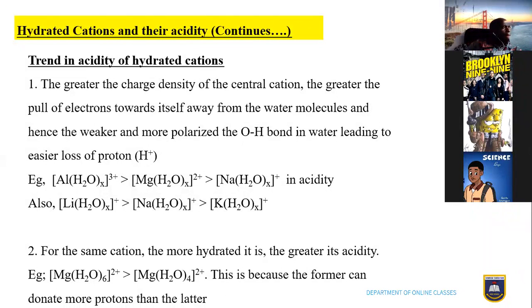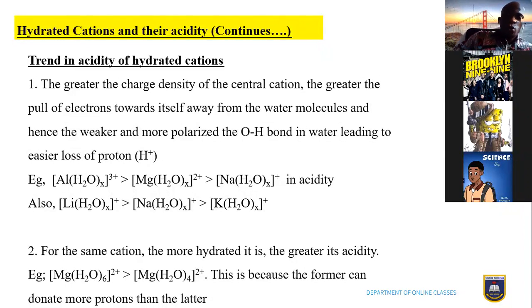Yeah. And then calcium is the highest over there in terms of atomic size. That's true. Its charge density will be the lowest. Yeah, you're right. Then followed by magnesium.